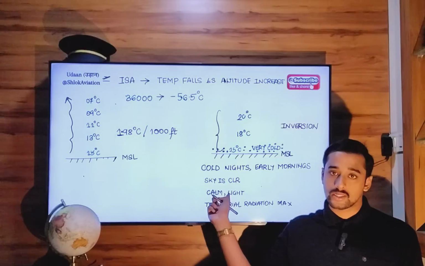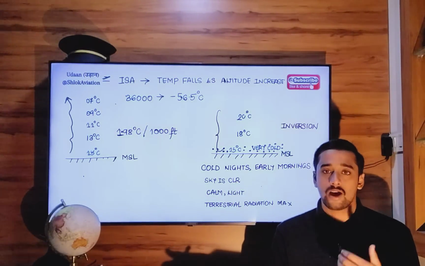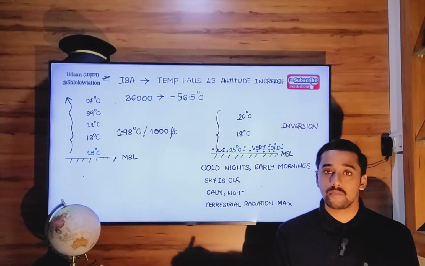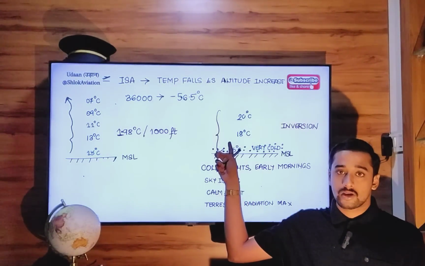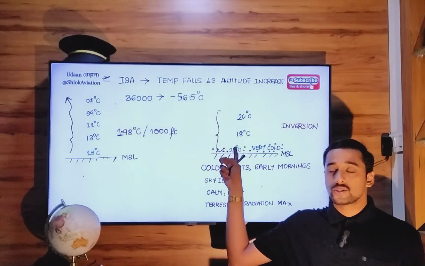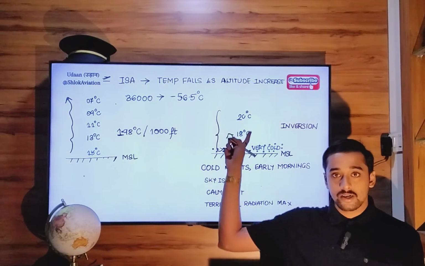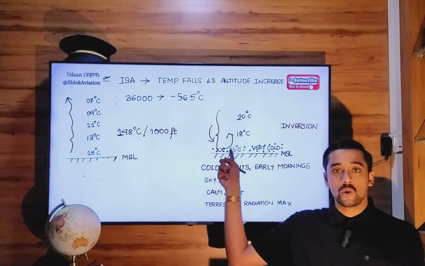calm and light winds. Now if the atmosphere is unstable, you do not have calm light winds, you have fast, strong winds, and these winds will mix the atmospheric layer. So the air layer near the ground will mix with the air layer above, and the air above will mix with the air on the lower levels.